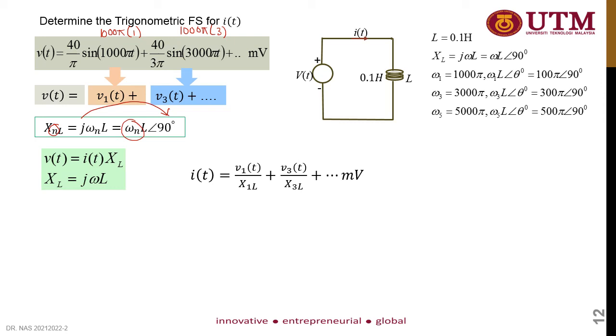Okay, so let's look at this calculation. When you have n equal to 1, your j omega 1 L is equal to, so this is omega 1 L, where omega 1 is 1000 pi, and your L is 0.1, and then j is equivalent to 90 degrees.